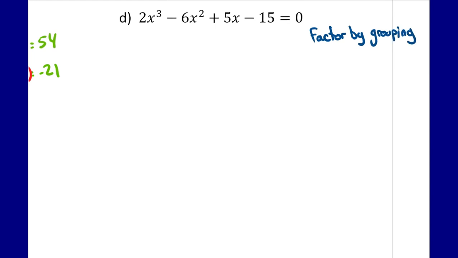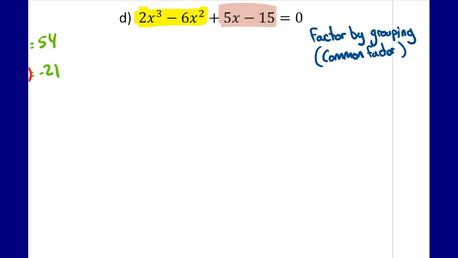When you factor by grouping, you're essentially common factoring, which we have done before when we've solved complex trinomials. You're looking at the first 2 terms and the next 2 terms, and you're common factoring each of those.